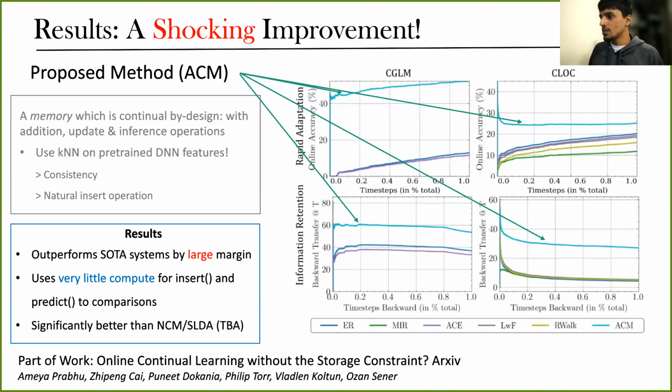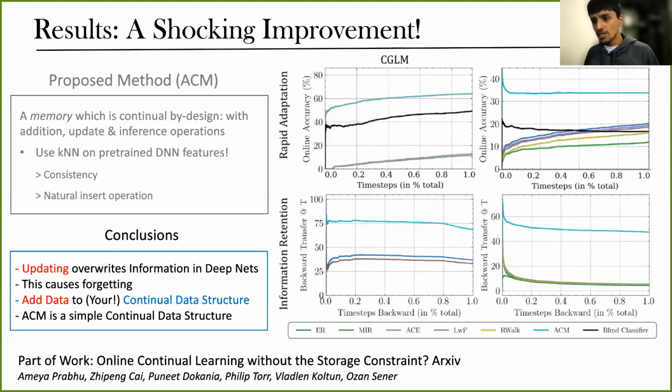Okay, this is our work. So in conclusion, what we say in our recent work, Online Continual Learning Without the Storage Constraint, is that updating a deep network overrides information. And if we don't know what knowledge is stored where in a deep network, which we have no idea, deep networks are a black box, harshly updating this causes forgetting.